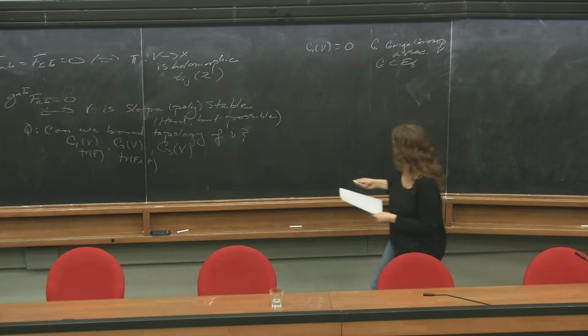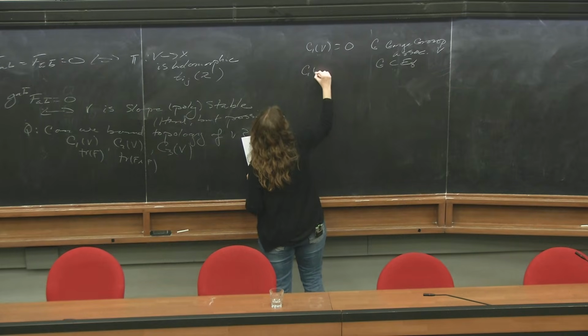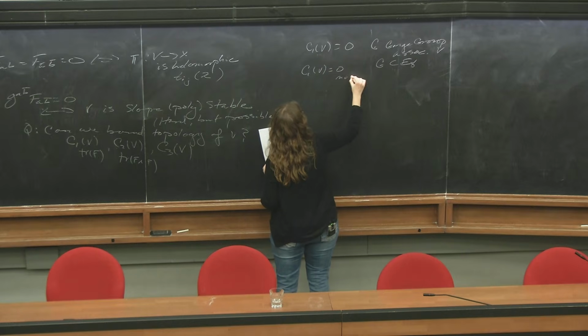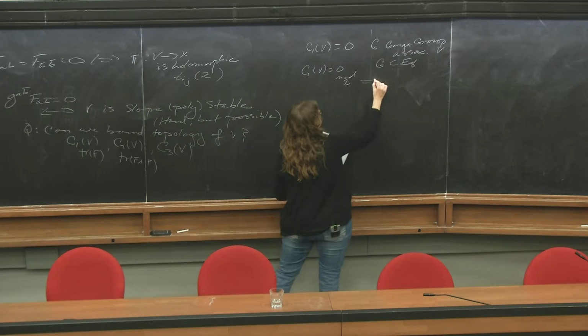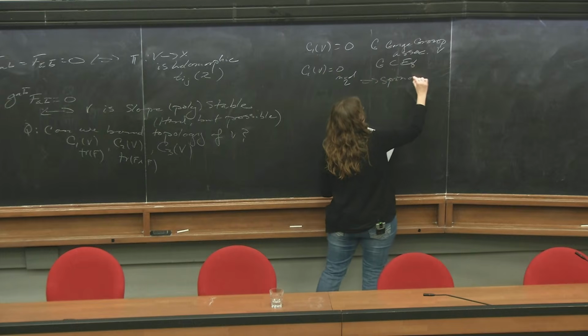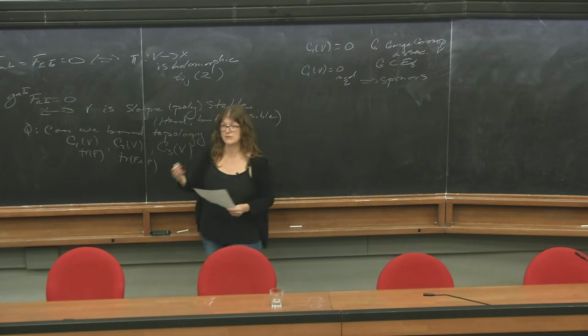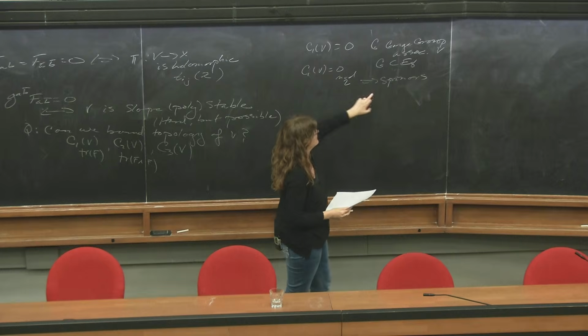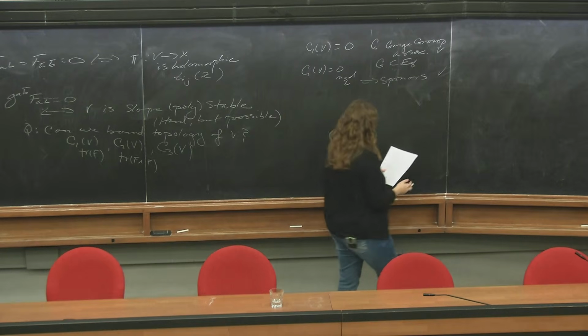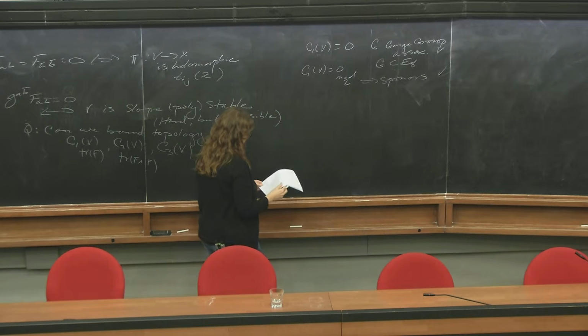This is actually a good thing, because you need that C1 of V is equal to 0 mod 2 due to the Stiefel-Whitney classes in order to admit spinors on the underlying geometry, so to have a spin structure in the presence of the bundle and the Calabi-Yau. So the fact that it's strictly 0 does indeed satisfy spinors. We're good there. So the first Chern class is fixed to be 0.